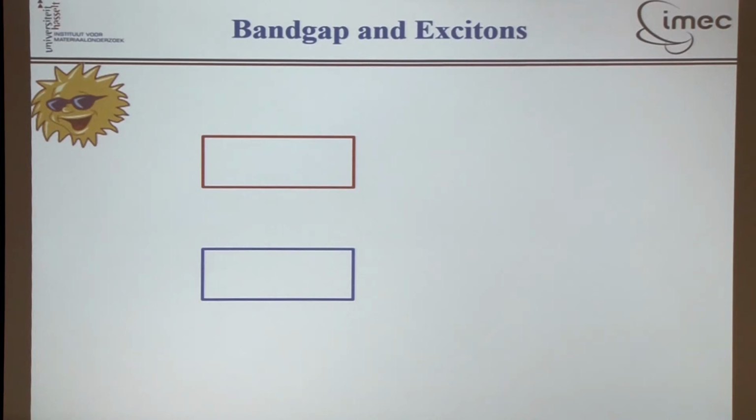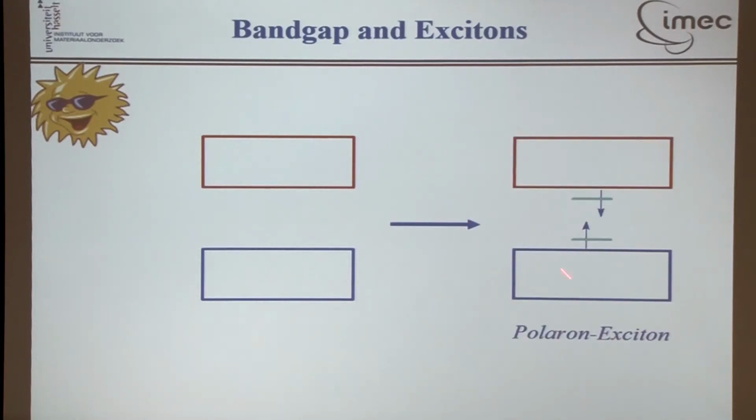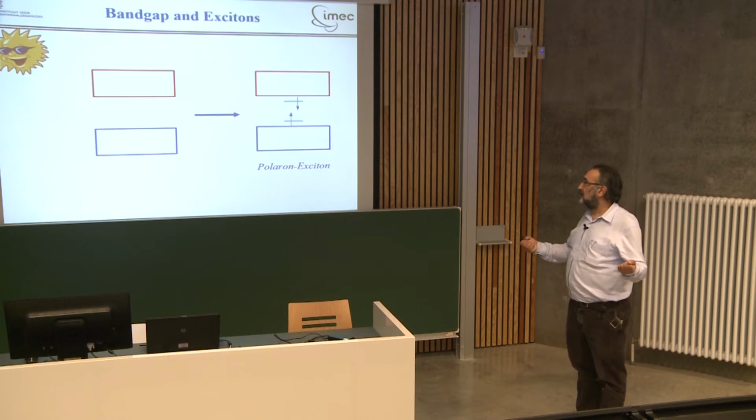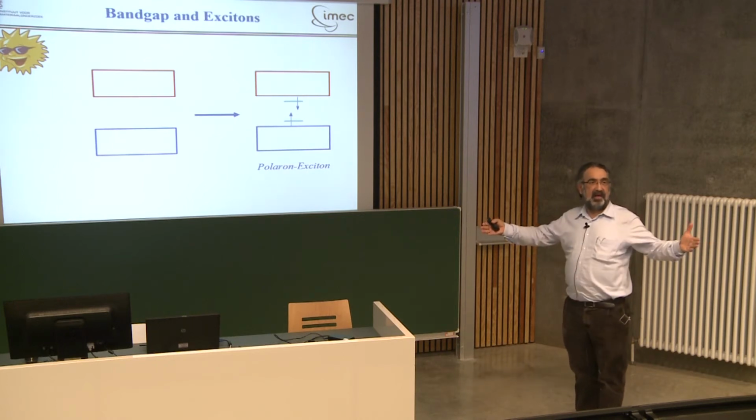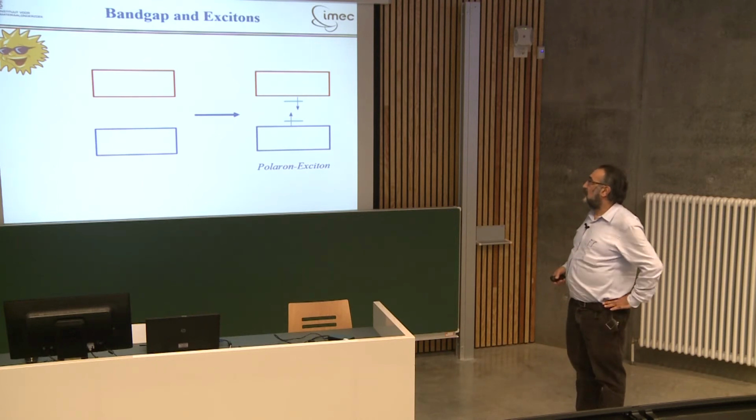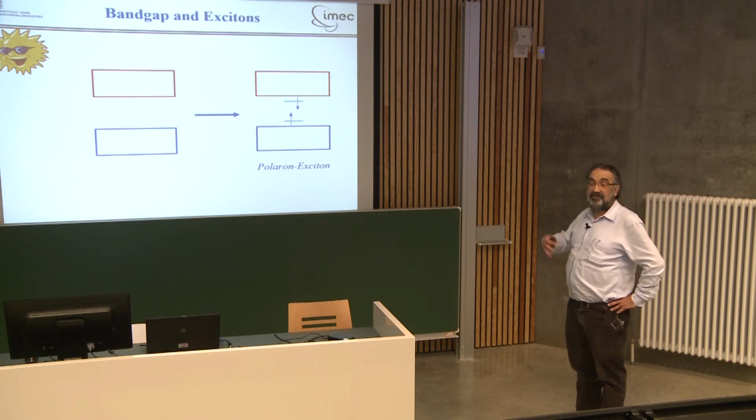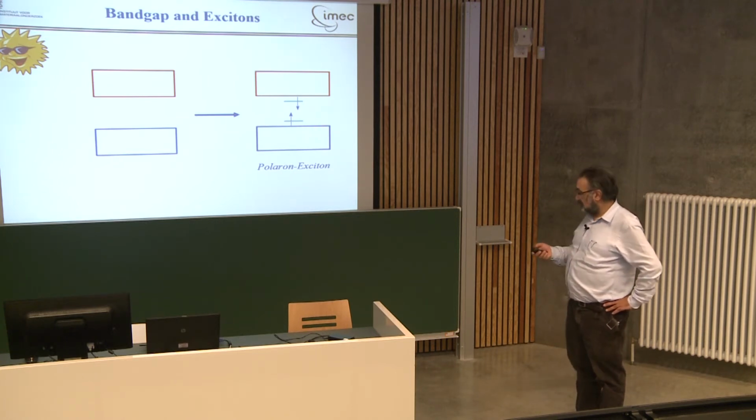Now for solar cells it's identical. Actually this is a reverse process. You start with a ground state and you want to create an excited state, a polaron exciton, which then can be broken up into individual charge carriers, brought to the electrodes, and in this way you again have a device, in this case a solar cell.